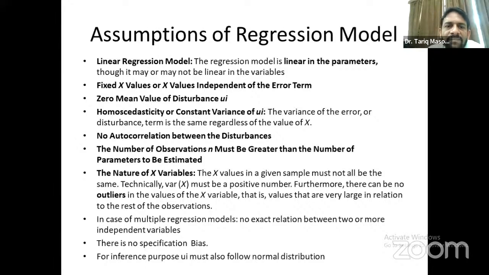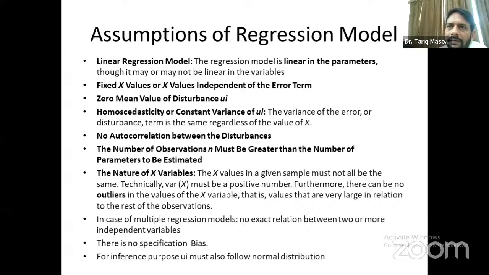Okay, X values are fixed, or X values are independent of the error term. The meaning is that there is no correlation between X and U. When you are writing your regression function, Y is a function of X, and in the end you are adding Ui.